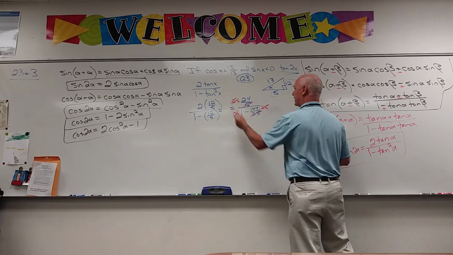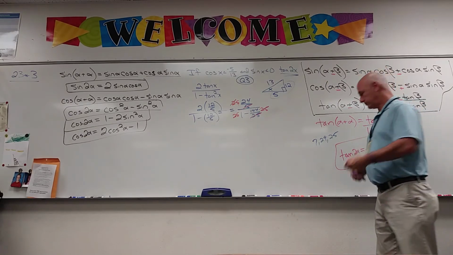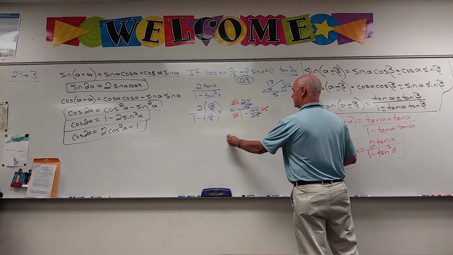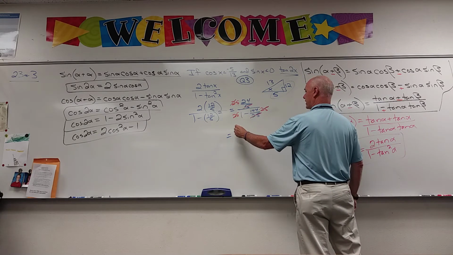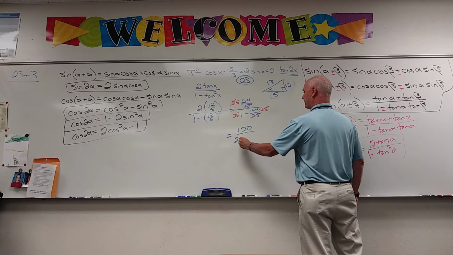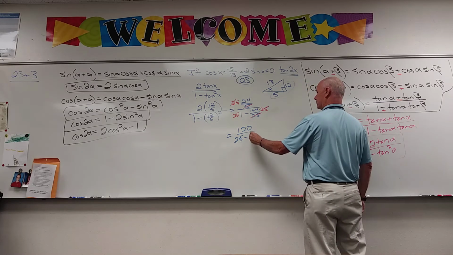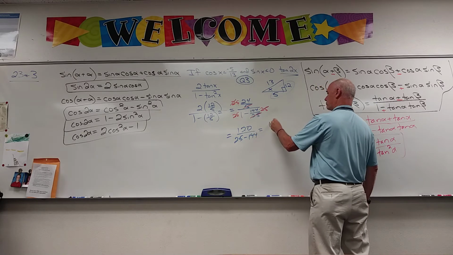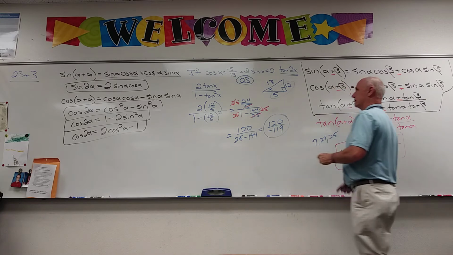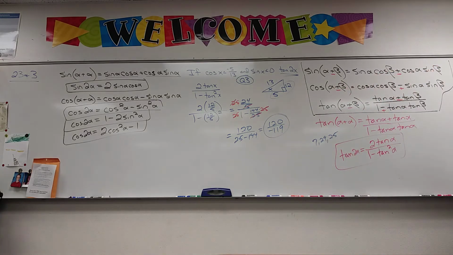The 5 goes into the 25 5 times, which therefore gives us 24 times 5, which is 120, over 25 minus 144, which gives us 120 over negative 119. We're going to get some weird big number answers.